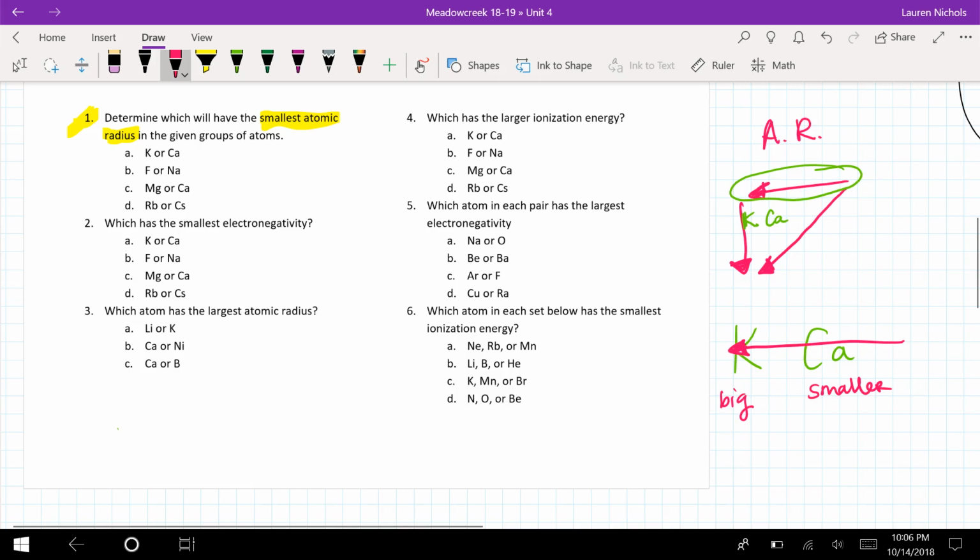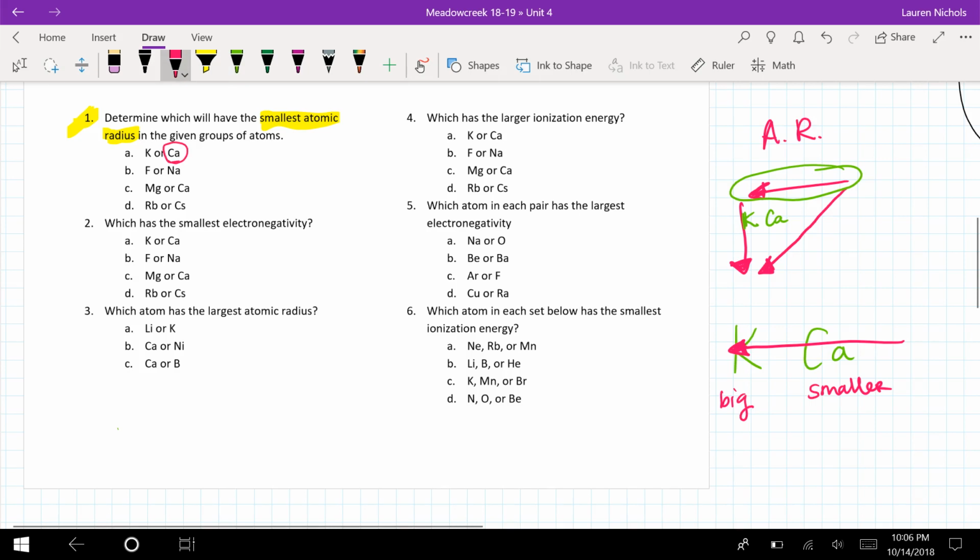Not necessarily that one is huge and one is tiny, but in comparison to each other, K is bigger and Ca is smaller. So potassium is larger, calcium is smaller. And so I would say calcium is going to be smaller.